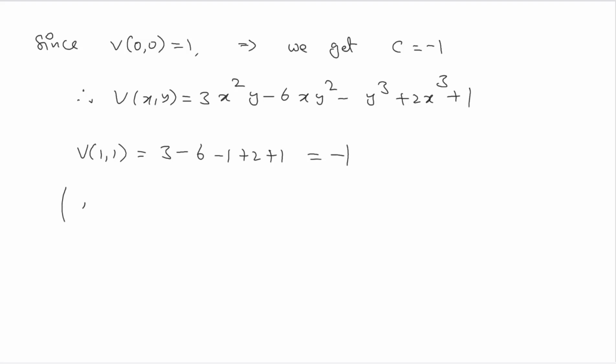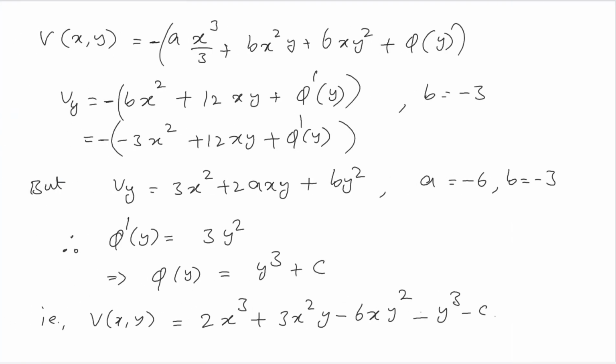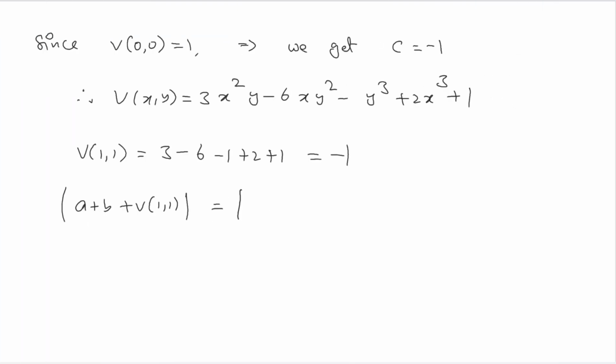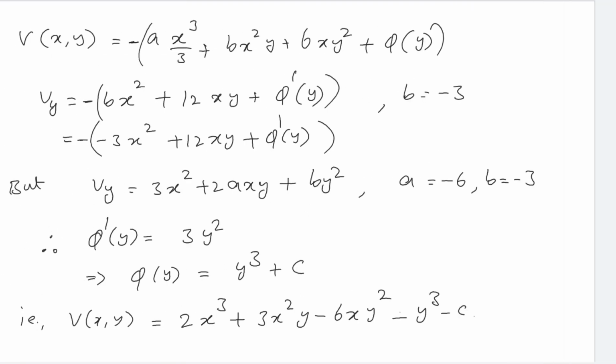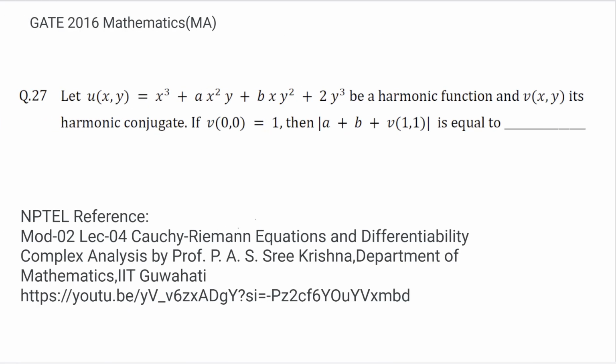Hence modulus of a plus b plus v of 1 comma 1, where a is minus 6 and b is minus 3 and v of 1 comma 1 is minus 1, is nothing but modulus of minus 10. Hence that is 10. So the answer is 10.